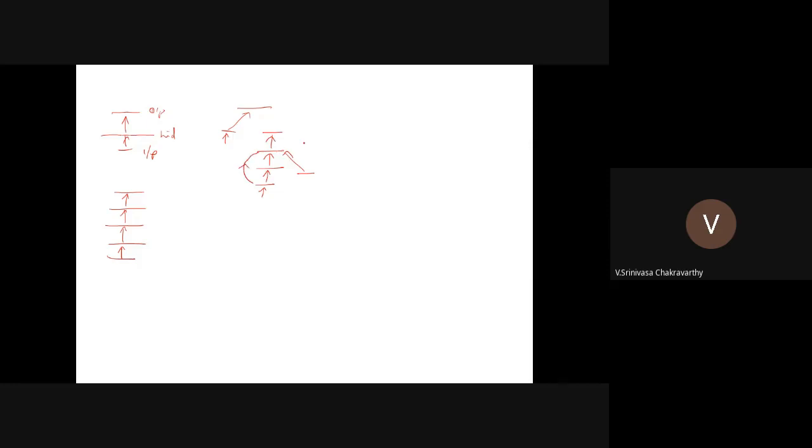Point is, all these come under the broad category of what is called a feed forward network. There's no feedback, there are no loops. For example, this is not a loop because these are two parallel pathways. Loop means you have to go and come back this way.